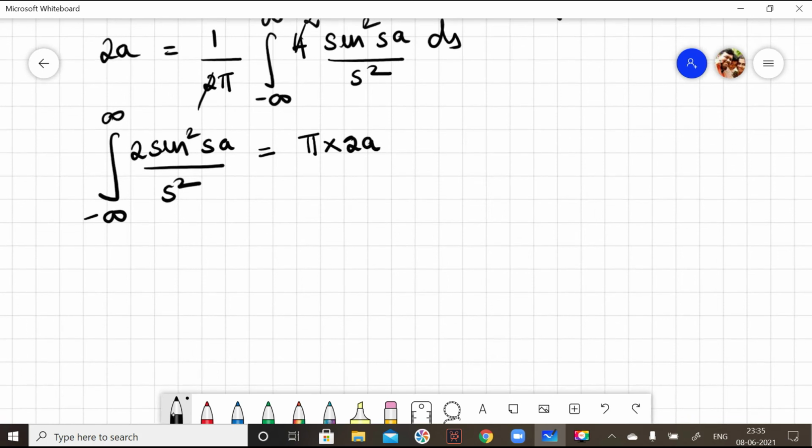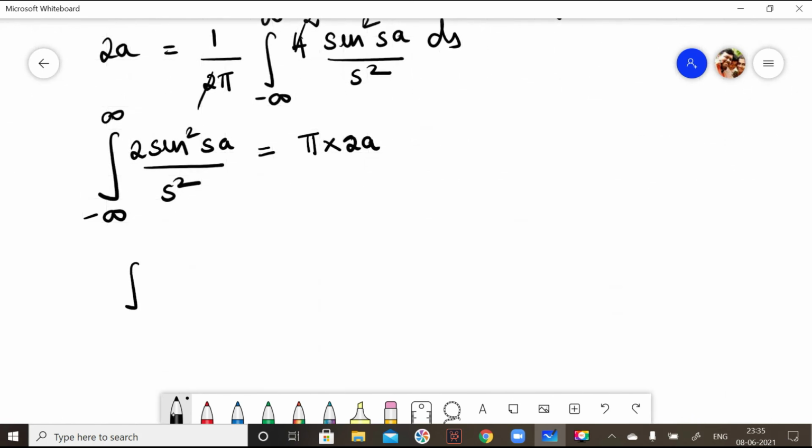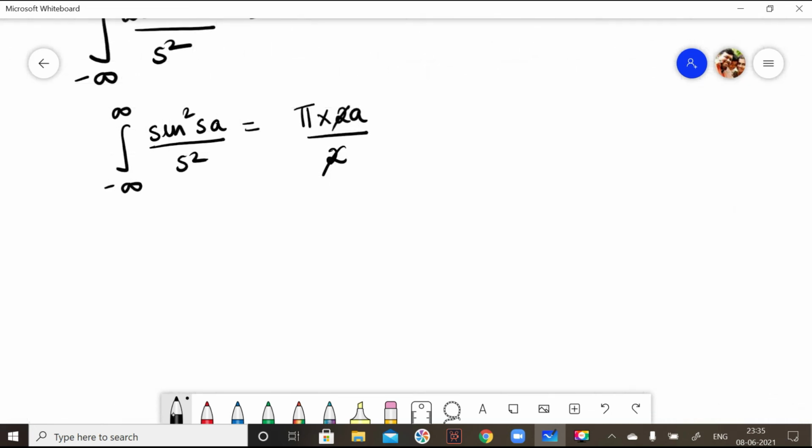Further, integral minus infinity to infinity sin square sa by s square ds is equal to pi into 2a divided by 2, so it is equal to pi a. Now, since the interval is minus infinity to infinity, I will check whether the function is even or odd. The function is sin square sa by s square.